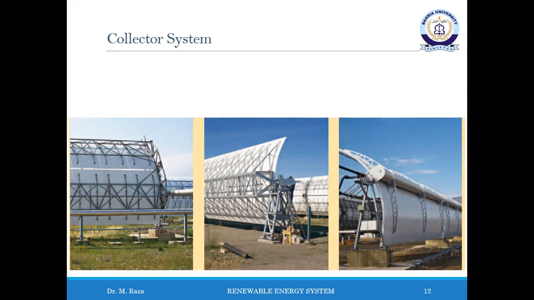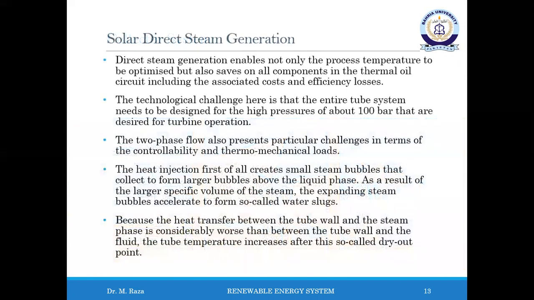Increasing the aperture width enables the number of absorber tubes per unit area to be reduced. However, as the surface area increases, so does the wind load, which needs to be taken into account when designing the structure. In addition to the previously mentioned optimization of the collector system, further potential is provided by transforming the heat collected in the collector array into electricity as efficiently as possible through increasing the upper process temperature for the conversion process.